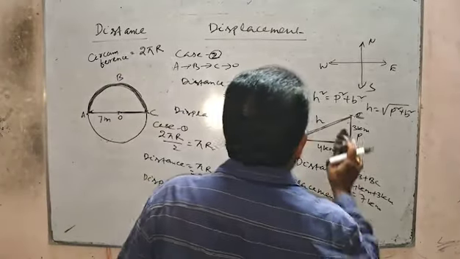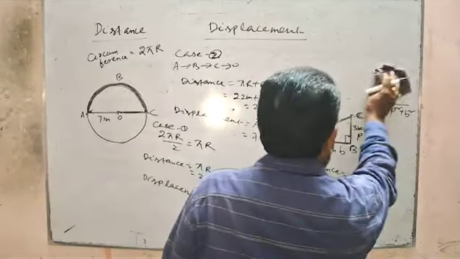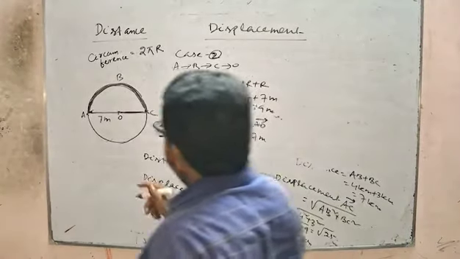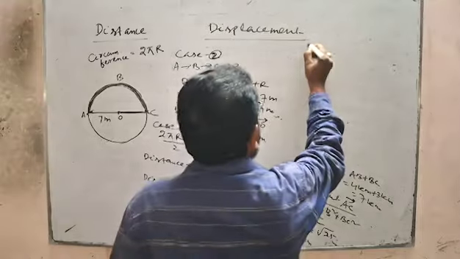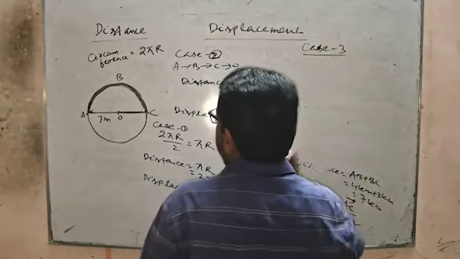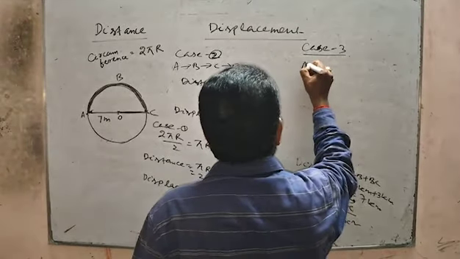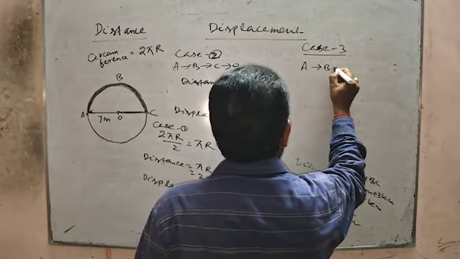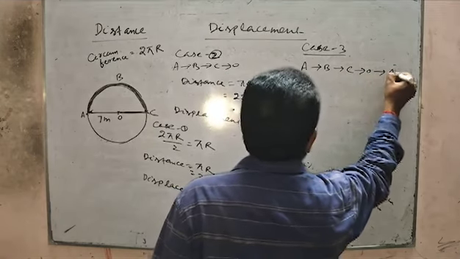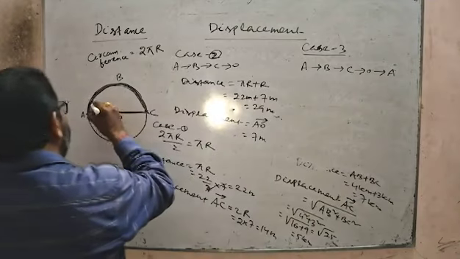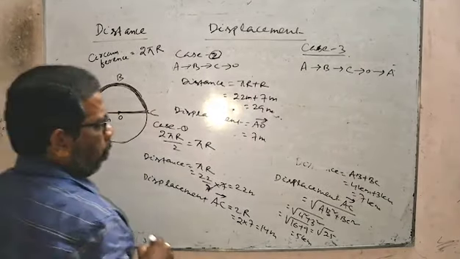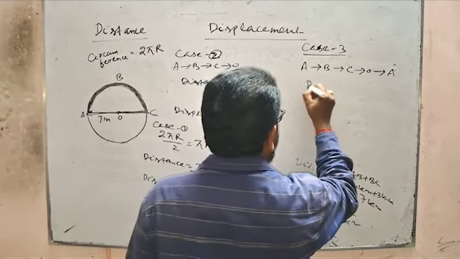Now, case 3 will take. Let the body start from A, through B, reach at C, then to O, then again to A. A to B, B to C, C to O, then A. What is distance covered?